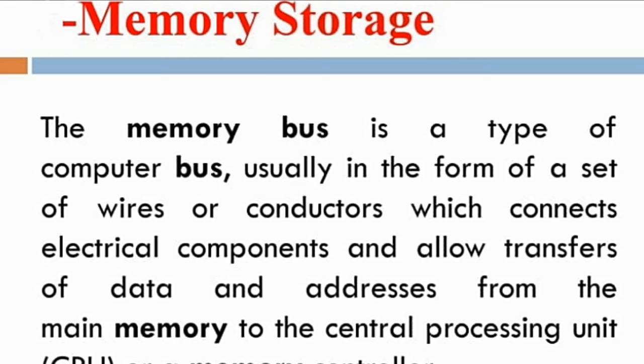On page number 31, we have our next topic, which is memory storage. In this topic, we will study the memory of a computer, how the memory of a computer stores information and data.